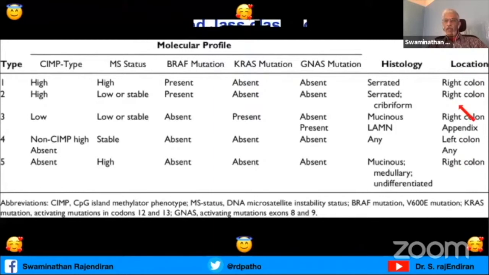And that's why people are now looking. There is a difference between the right colon and left colon. I think right colon is developed from midgut and left colon is derived from hindgut, I think. My embryology is very poor, but there are some differences. People are looking into it to find out, is there any diagnostic, prognostic, or theranostic role in the right and left side of the colon.